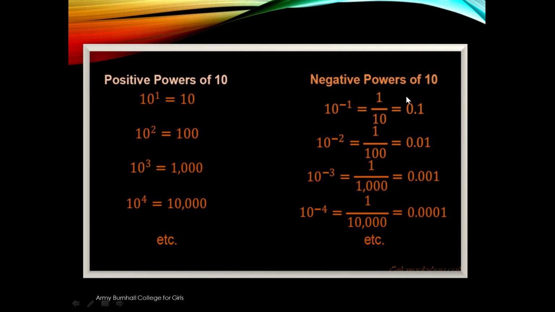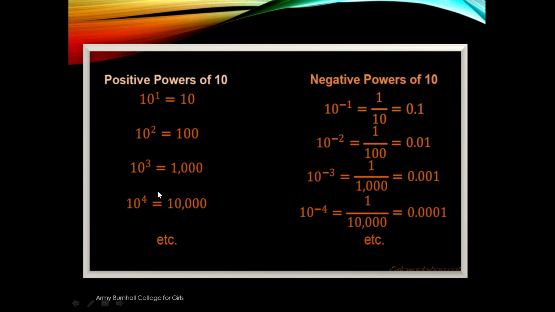For negative powers of 10, 10 raised to power minus 1 will give you 1 divided by 10, which is equal to 0.1. 10 raised to power minus 2 will be 2 zeros in division, 0.01. 10 raised to power minus 3 has 3 zeros in division, which will give you 0.001. 10 raised to power minus 4 will give you 4 zeros in division, 0.0001.